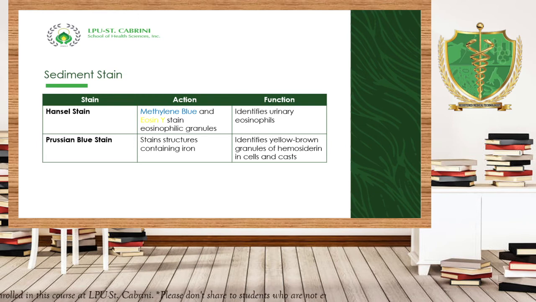Okay, and Prussian blue, I'm sorry, don't laugh at me, I know you are laughing. Okay, you will fail if you laugh. Prussian blue stain stains for structures containing iron. It identifies yellow-brown granules of hemosiderin in cells and casts. So those are the hematological stains and histological stains that can also be used in urine analysis.